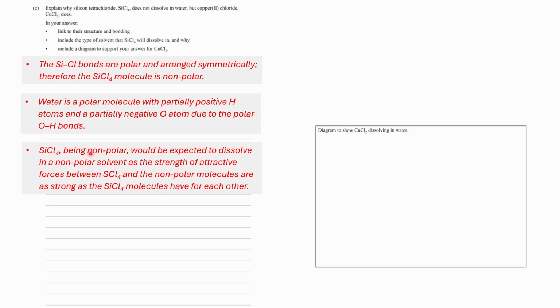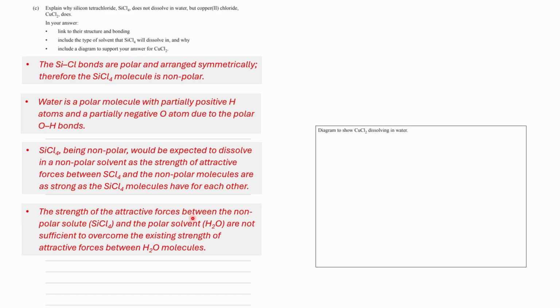So the way it works is, if we have two different molecules, and the strength of the attraction they have for each other is similar to the attraction they have within themselves, then they will dissolve. However, the strength of attraction between silicon chloride that is nonpolar and the polar water is not sufficient to overcome the strength of attraction between the water molecules. And this is maybe the most fundamental point.